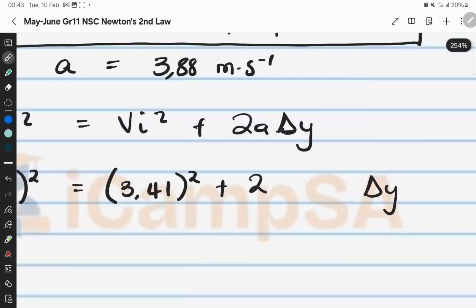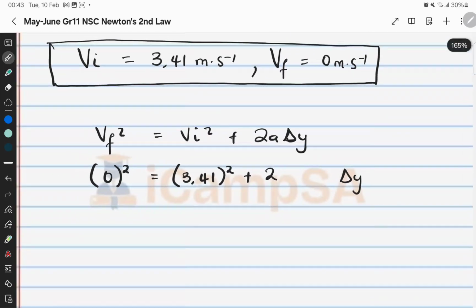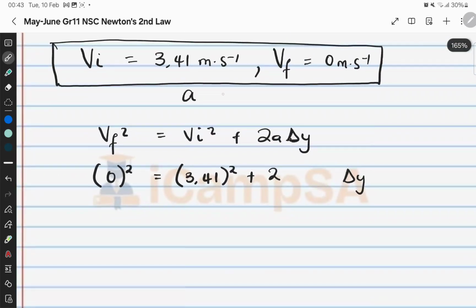One thing I forgot to explain is our A. Once block B hits the ground, the source of that acceleration was block B, but now block B has stopped.